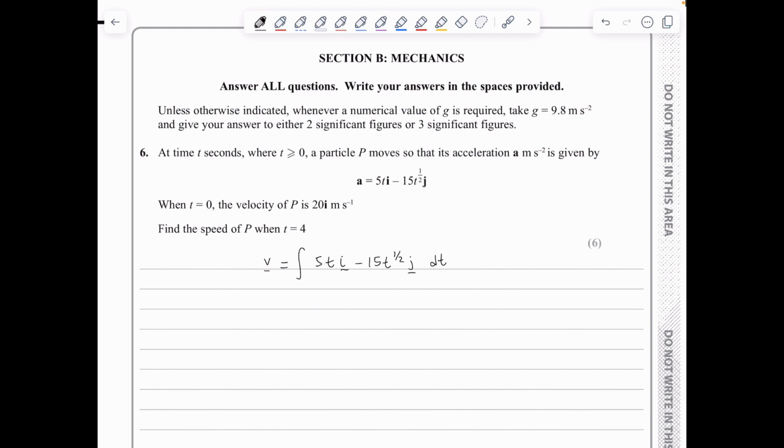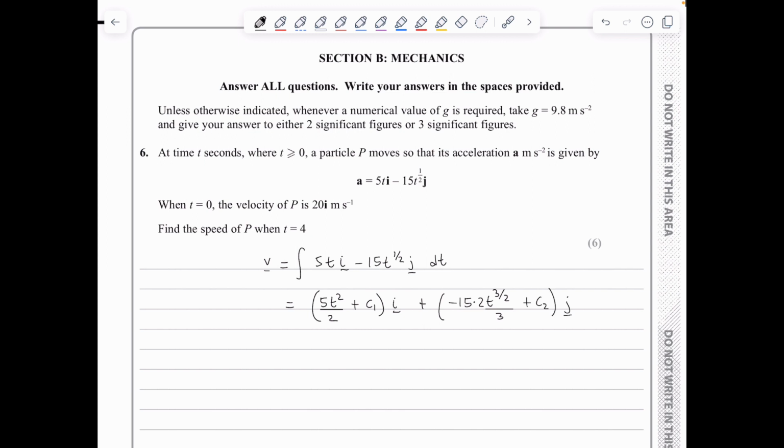If I integrate 5t, I get 5t squared over 2 plus a constant of integration, I'll call it c1, and that's the i component. For the j component, it's minus 15t^(3/2) over 3/2 plus c2, the constant of integration for the j component.